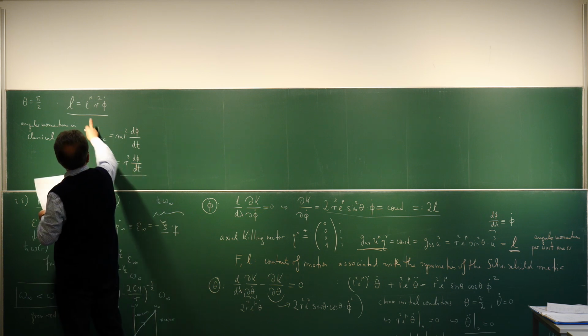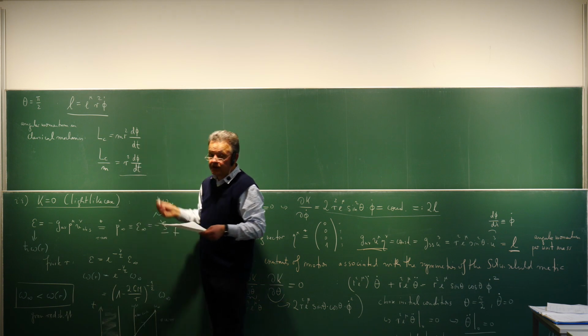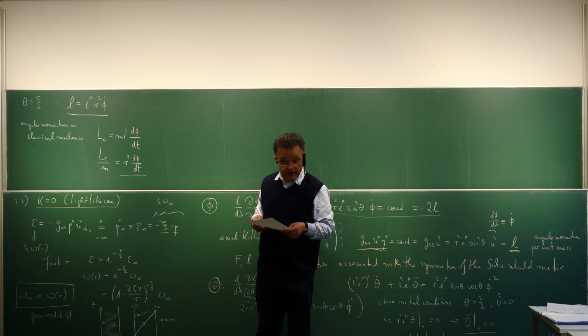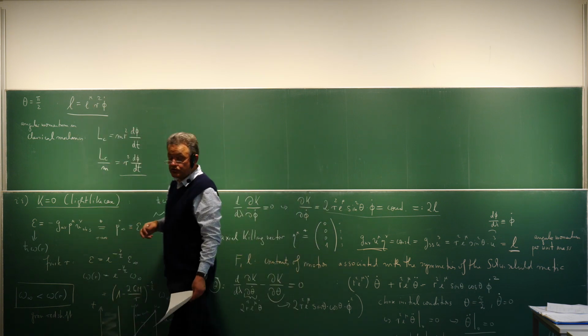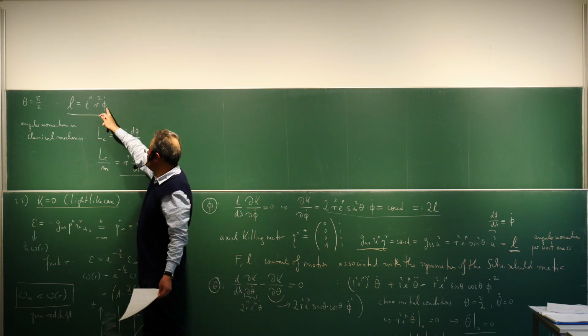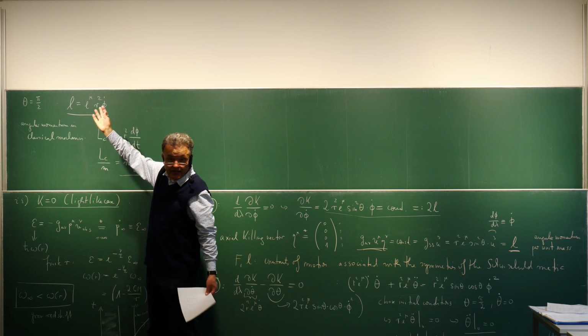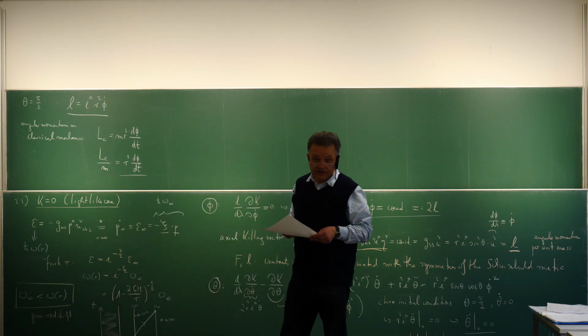Now you have to compare the two, this expression and this expression. Of course, they are not the same, but they coincide at spatial infinity. Why? At spatial infinity, e to the mu goes to 1. And here you have, say, for a massive particle, d phi over d proper time, but at spatial infinity, this coincides with coordinate time.